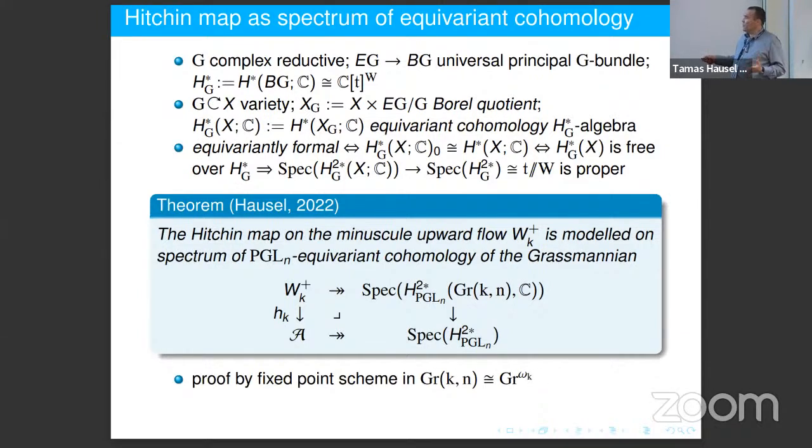The proof brings in a new way of studying equivariant cohomologies. It is by studying a certain natural fixed point scheme inside the Grassmannian. And the Grassmannian arises in all this because it's the affine Schubert variety corresponding to this minuscule weight.